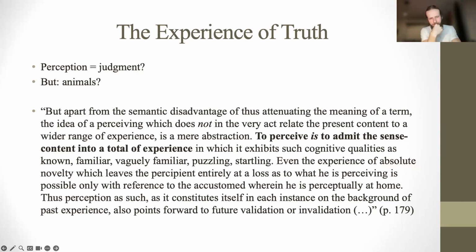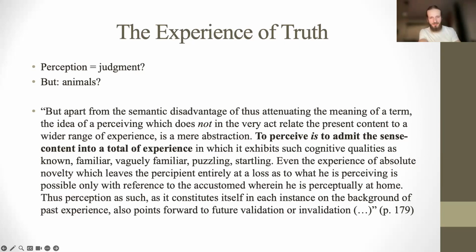To quote here, "But apart from the semantic disadvantage of thus attenuating the meaning of a term," so watering down the notion of judgment, which is related to the watering down of consciousness that we discussed in one of our previous meetings, "the idea of a perceiving which does not in the very act relate the present content to a wider range of experience is a mere abstraction.